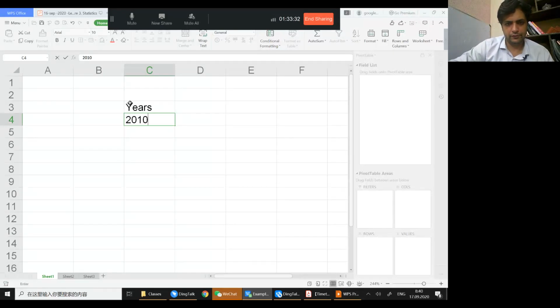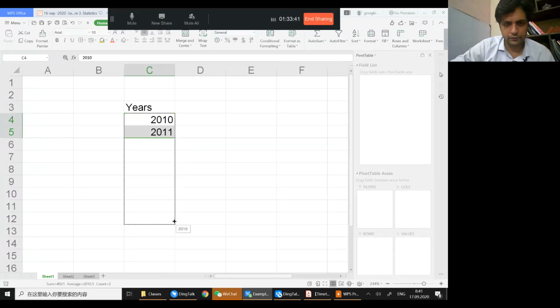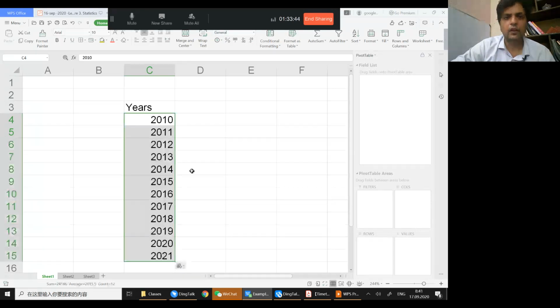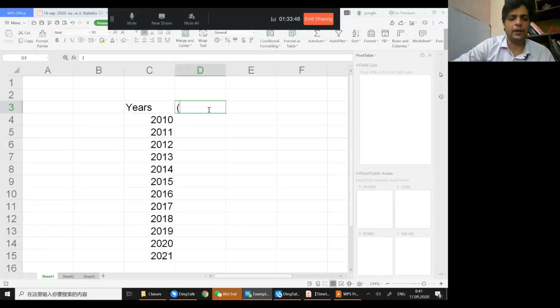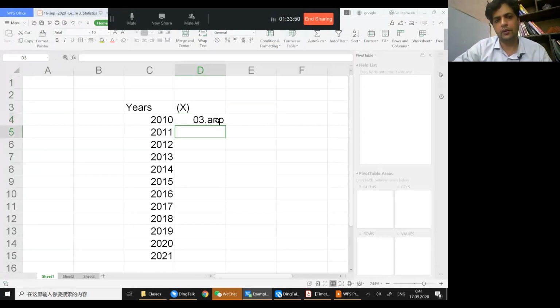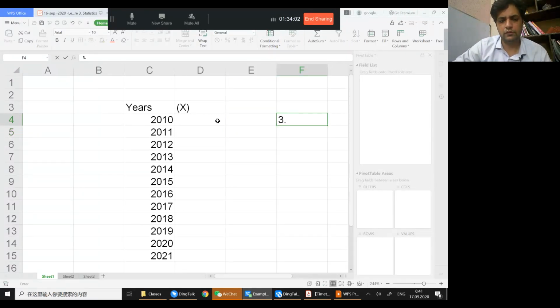So we have years, 2010, and there's one variable x, any variable, right? So there's a value 3.4. Why is it like this? 3.4. Seriously?